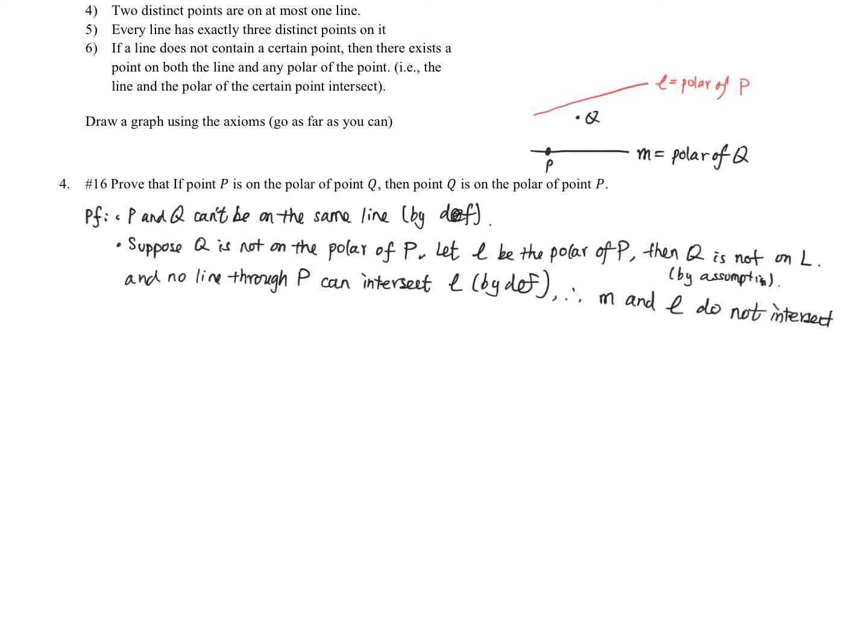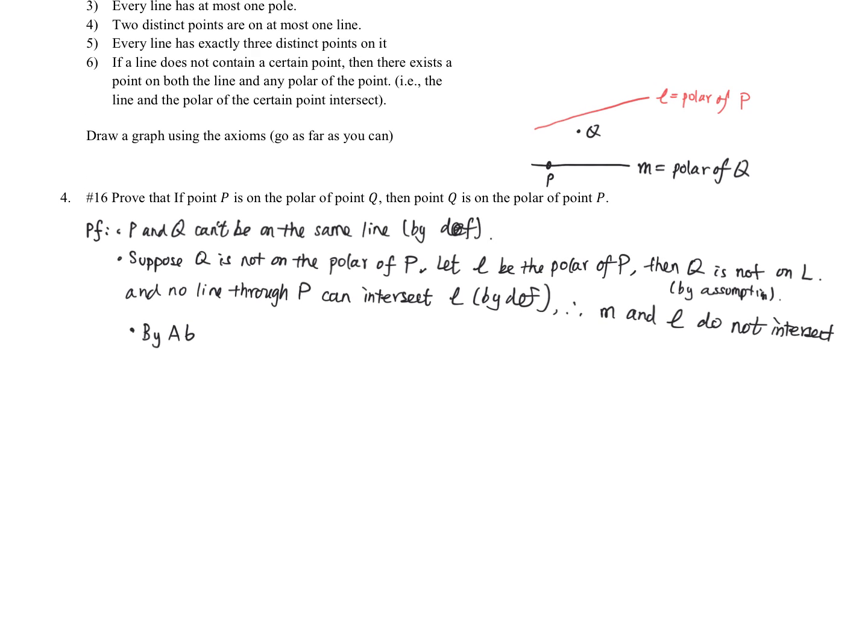Now let's take a look at axiom 6, which is right there. Let's read through that. If a line does not contain a certain point, and you see that L doesn't contain Q in this case, then there exists a point on both the line and the polar of the point.